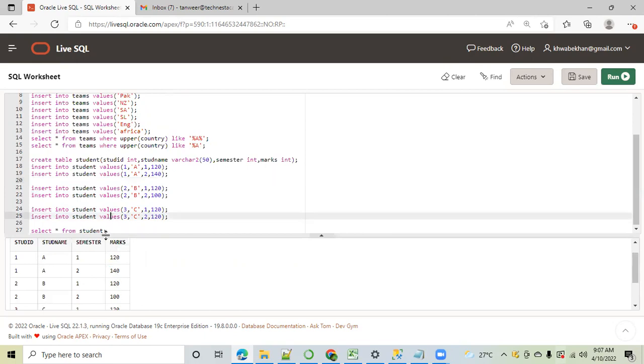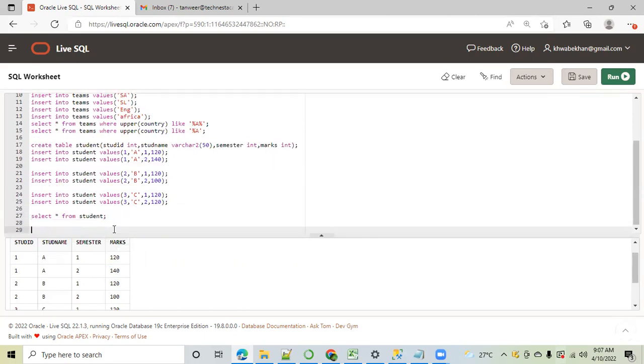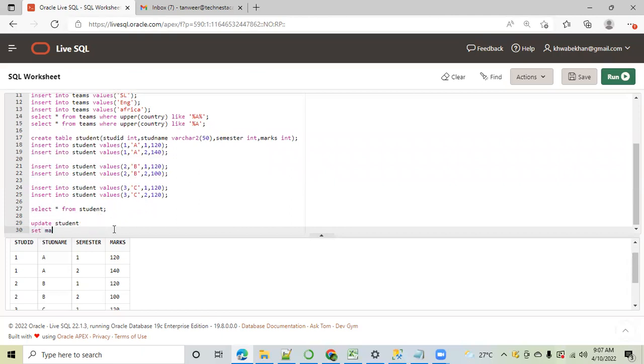So for that, what you have to do is use the UPDATE command. UPDATE student SET marks equal to, and which marks do you want? SELECT marks FROM student WHERE student name is equal to B and semester is equal to 2.